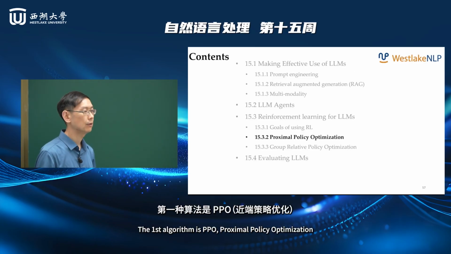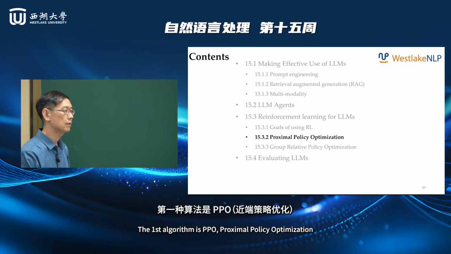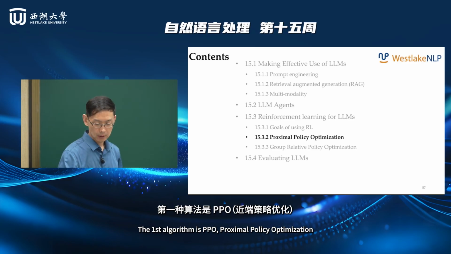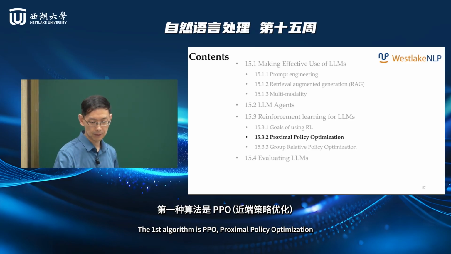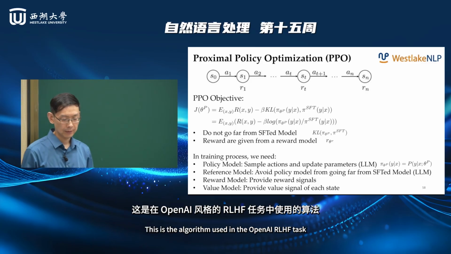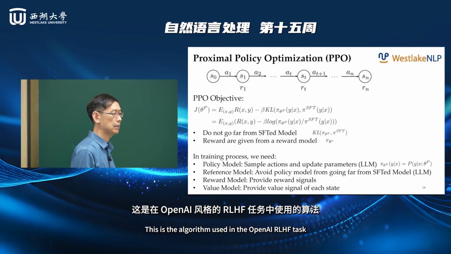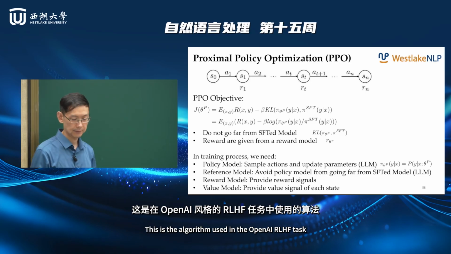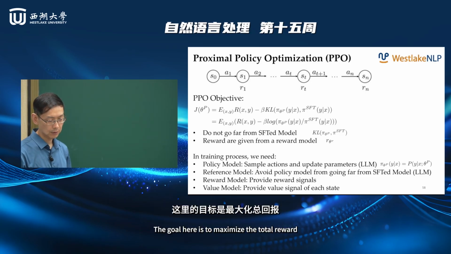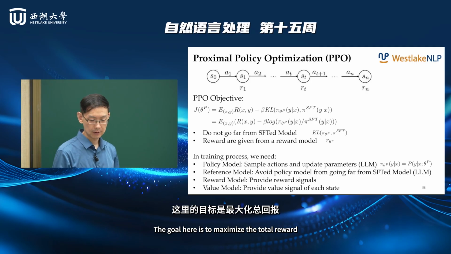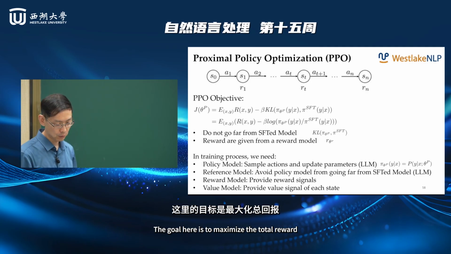So the first algorithm is PPO, proximal policy optimization. This is the algorithm used in OpenAI's RLHF task. So the goal here is to maximize the total reward.